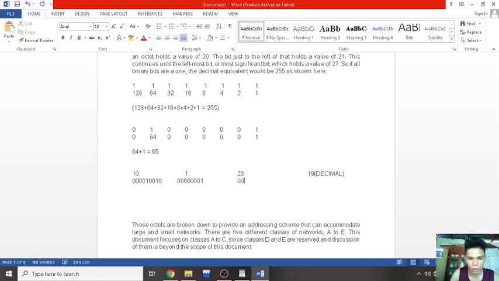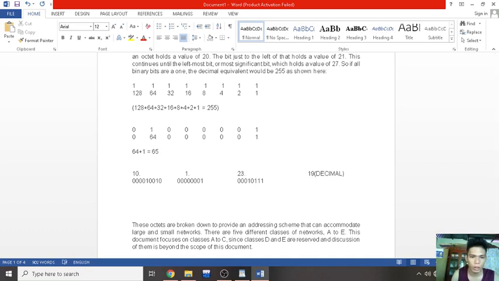We have 0 0, and then we have 16, and then the remaining 4, 2 and 1. So 16 plus 4 plus 2 plus 1 is equivalent to 23.